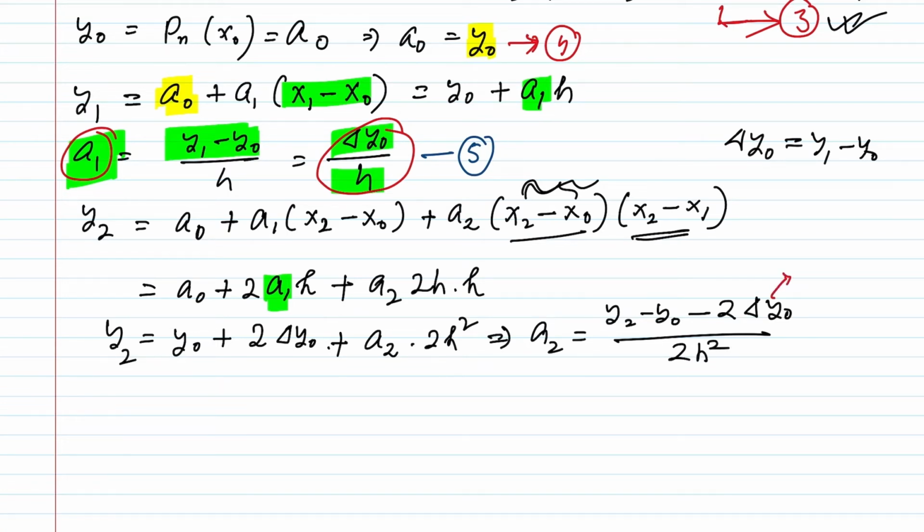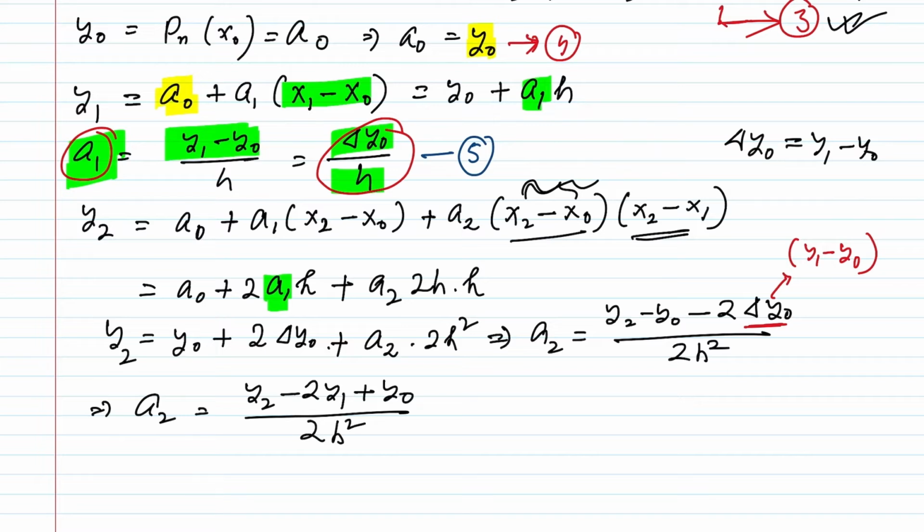Now you see, del y naught is nothing but y1 minus y naught, and if you put this value here, then after simplification you will get a2 is equal to y2 minus twice y1 plus y naught by twice h square.